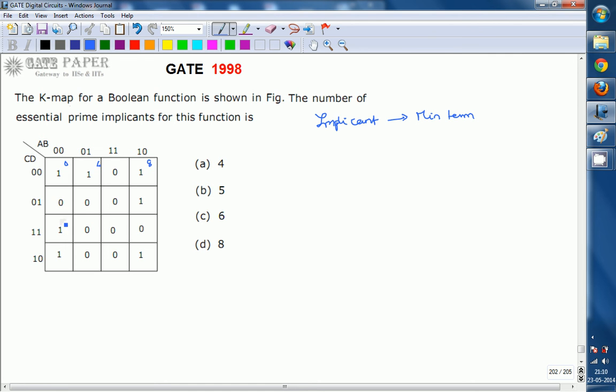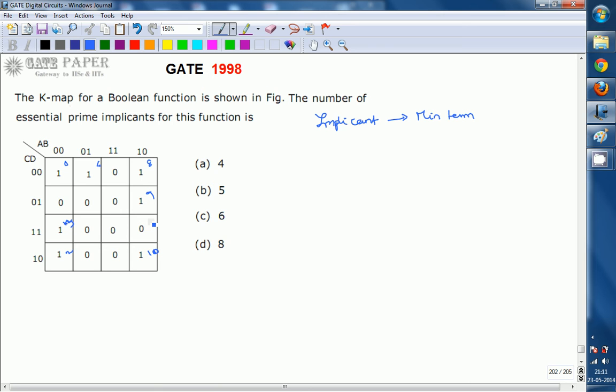This is the 12th minterm, this is minterm 3, and this is minterm 2. Then 1001, that is the ninth minterm, and 1010. So these are the minterms present in the given expression, and they are called implicants.